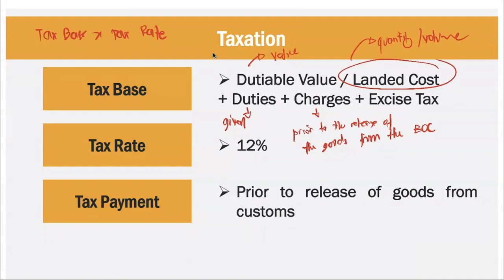Postage. So those are examples. But take note, guys, you must take a look at the charges. It must be prior to the release of the goods. If the charge is after the release, do not include it. Only include those charges prior to the release.